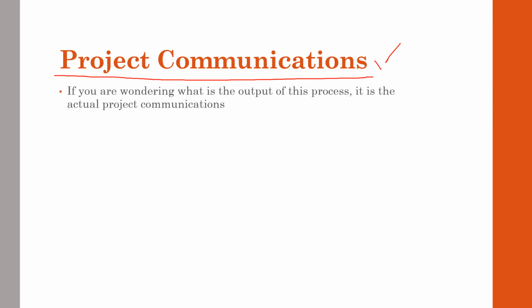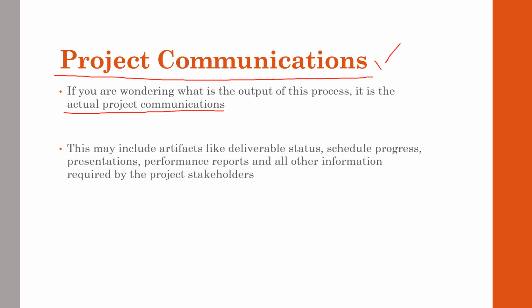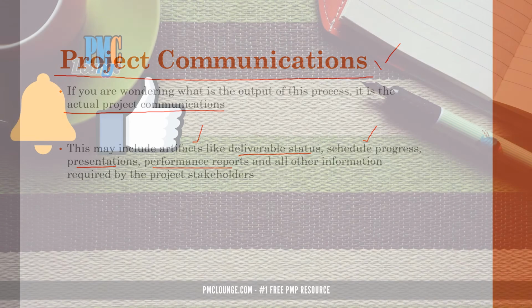This output is nothing but the actual project communications that is taking place. It can include artifacts also, like deliverable status, your schedule progress, your presentations, performance reports, and all other information that your project stakeholders require. All that is part of project communications, and this makes up the output of the manage communications process.